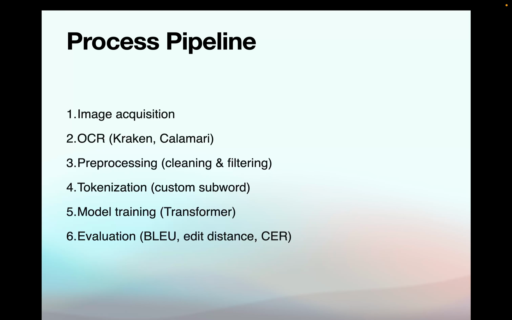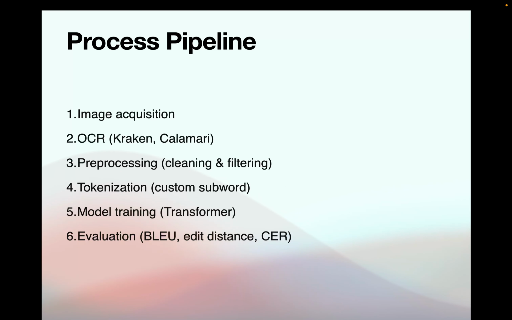And with all the background information on normalization and historical French, let's talk about the process pipeline. Our process pipeline divides into 6 parts. Firstly, the image acquisition, where we gather the scanned historical images exactly like the one we showed before. Then, all the images go into the OCR process with tools like Kraken and Calamari, which yields the raw data.